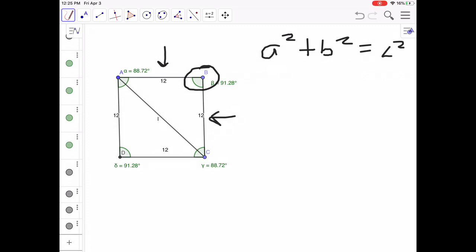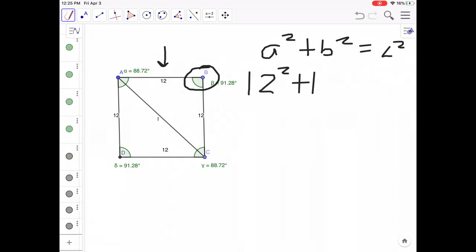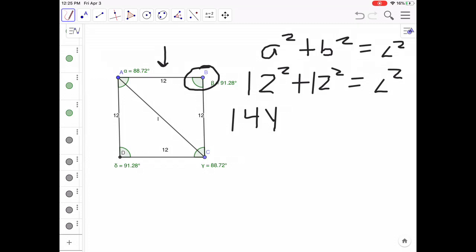So we're going to take 12 squared, and I apologize, this is a little more difficult to write in than the other software. So 12 squared plus 12 squared is going to equal c squared, and that's our diagonal there labeled L right now. So 12 squared is 144. We have two of those, and 144 plus 144 is 288.